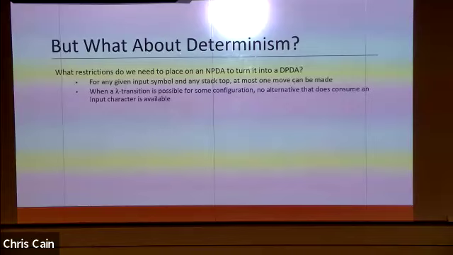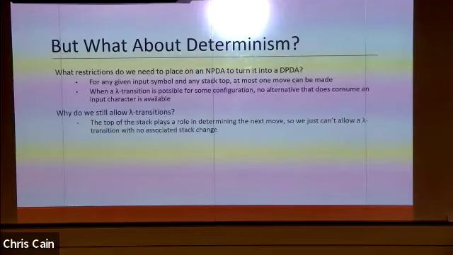You could not also have an out edge that consumes an input character. So why do we still allow lambda transitions? Of course, we can't allow a lambda transition with no associated stack change, but it means that if we do allow a lambda transition with a stack change, we can't allow another one.